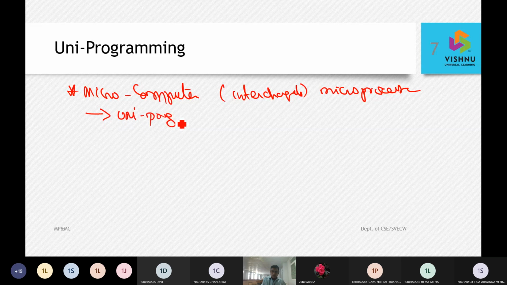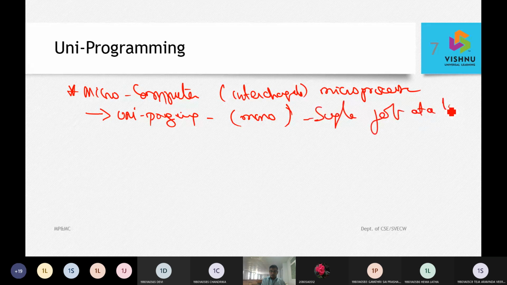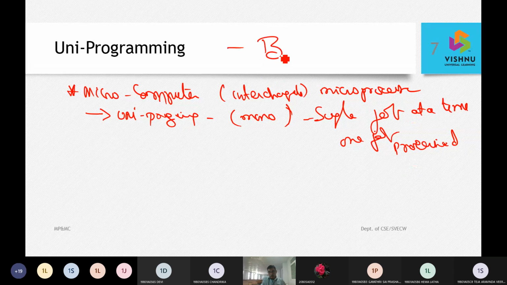uniprogramming. When we call it uniprogramming, we also call it monoprogramming. That is a single job at a time, that is, one job processed at a time. The other name for uniprogramming is batch processing.